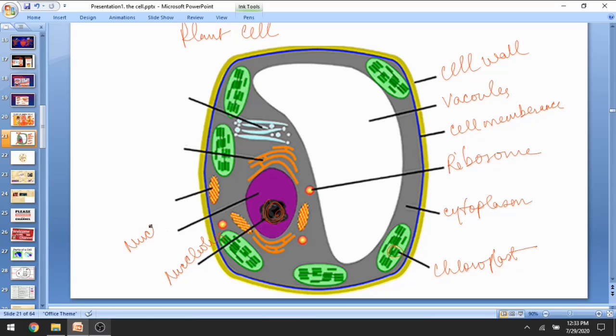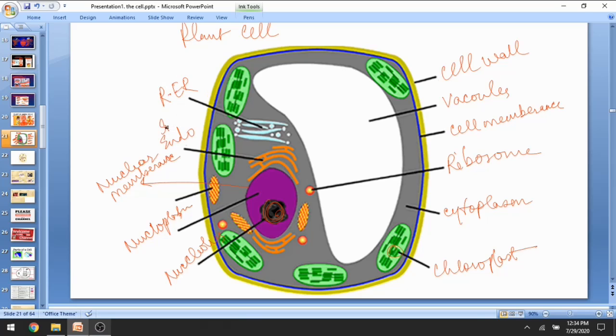Just like cytoplasm, which is present within the cell, nucleoplasm is also a gel-like structure which is present within the nucleus. This is known as the nuclear membrane that maintains the shape of the nucleus. And this is known as the endoplasmic reticulum. This is known as rough endoplasmic reticulum.